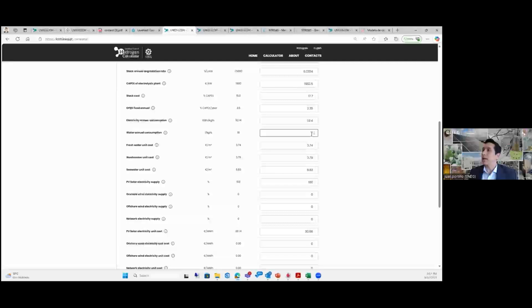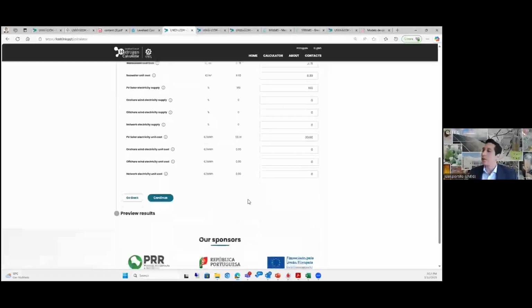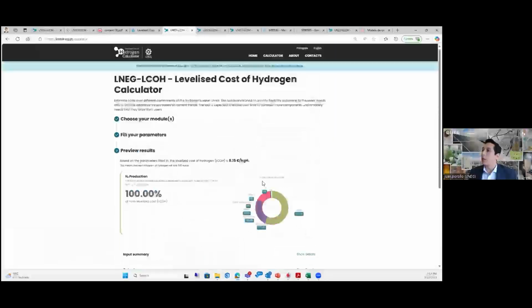We estimated 11 liters per kilogram for this case at a price of, this is fresh water, 3.74 euros per cubic meter. That was added, and then we computed, and we had this value.